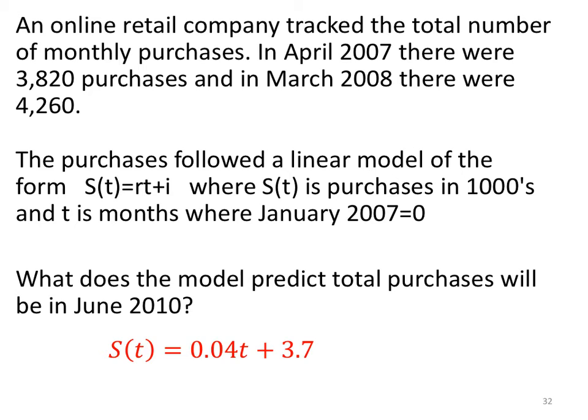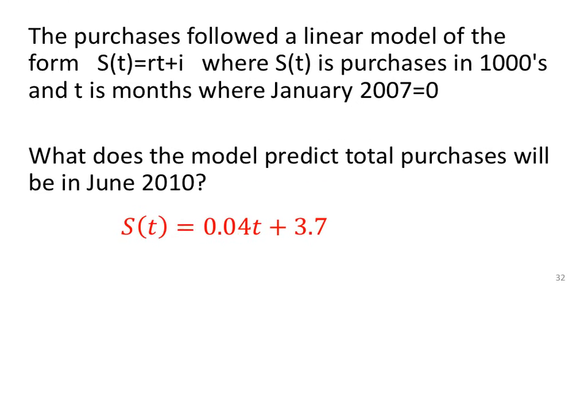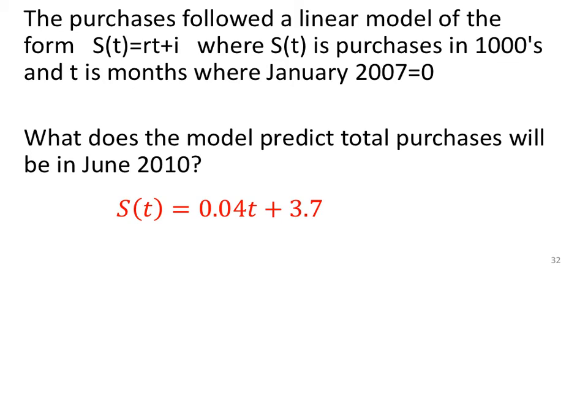Now this part says, what does the model predict total purchases will be in June 2010? Well, we've got to figure out when June 2010 is in relationship to January 2007, right? Here's something we should know: every January is going to be another 12 months away.